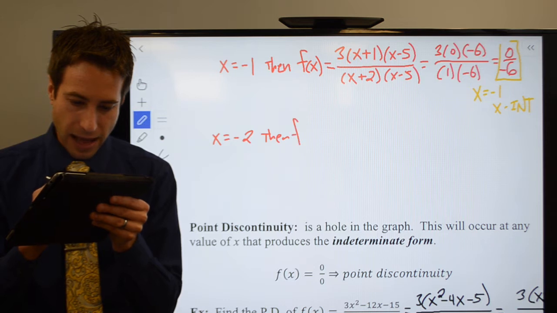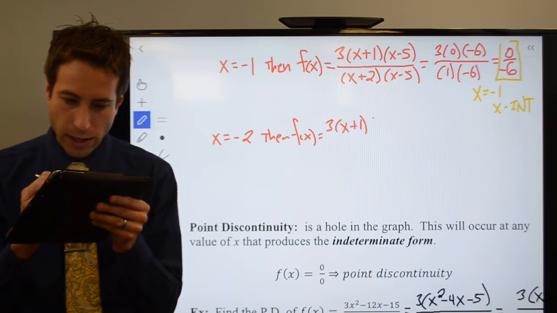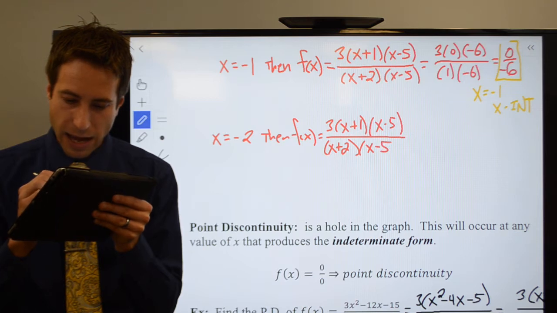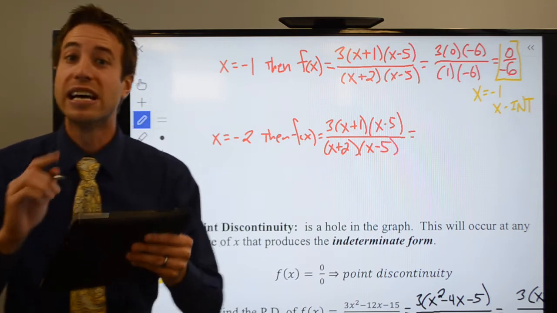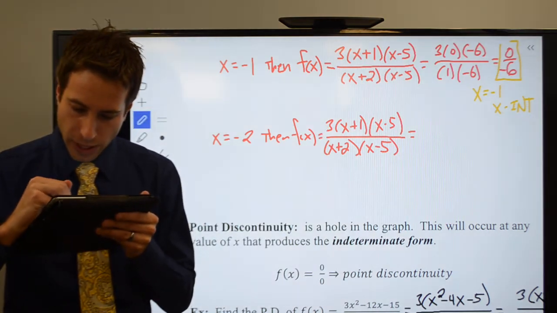Then f of x would be equal to 3 times x plus 1, x minus 5, all over x plus 2, x minus 5. Here we go. I plug this stuff in. 3 would just stay a 3.